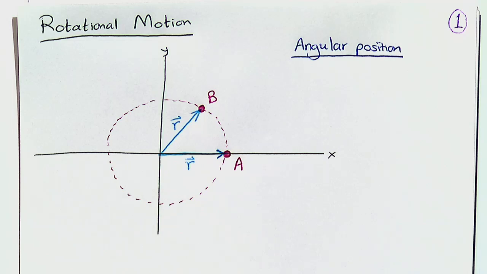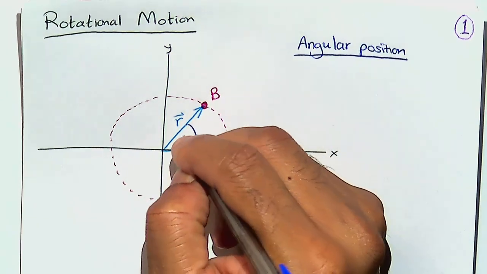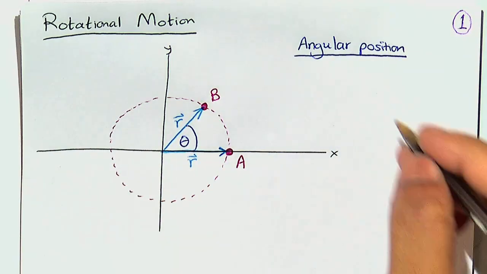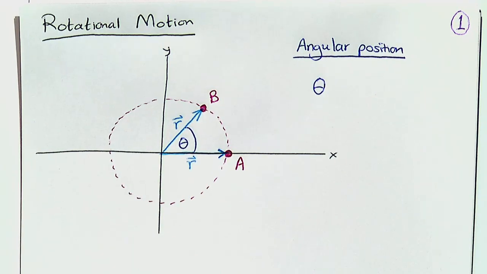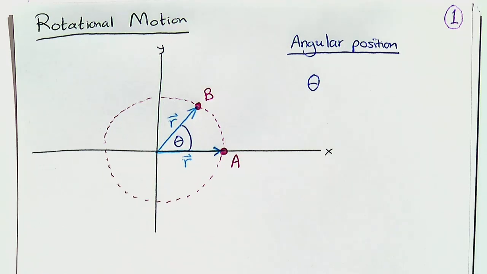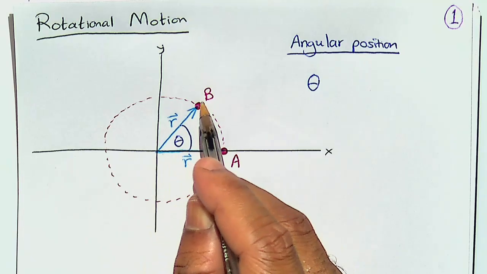So how we're going to do that is that we're going to take this angle, theta, to be our angular position, okay? When we say angular position, that's what we mean. Much more convenient to track the angle when you're talking about something going around in a circle than it is to track this location versus this location, right?